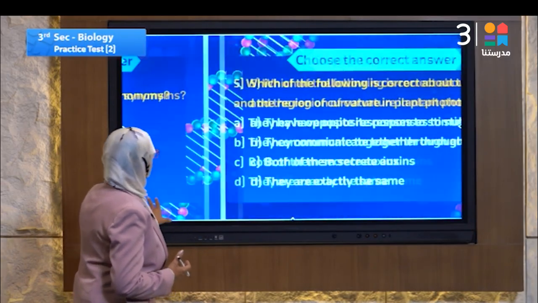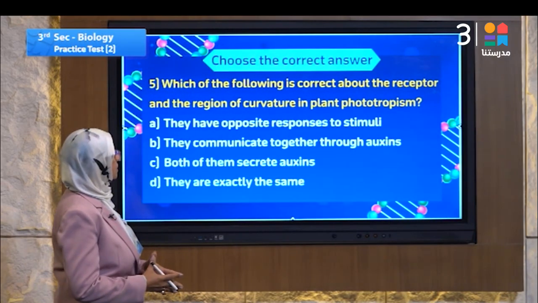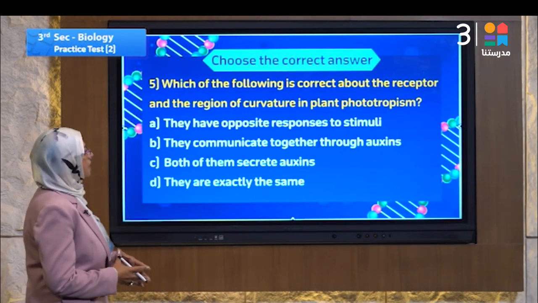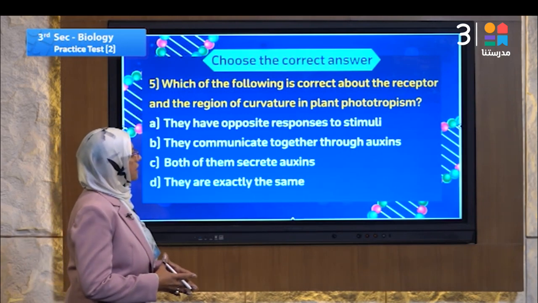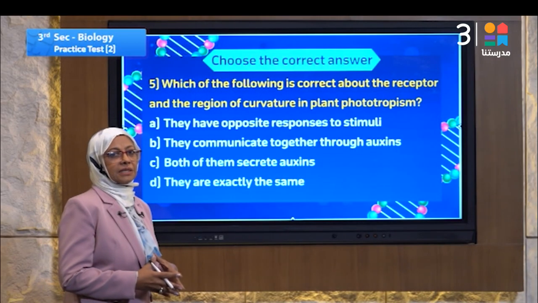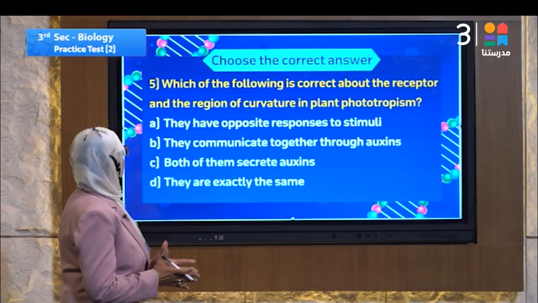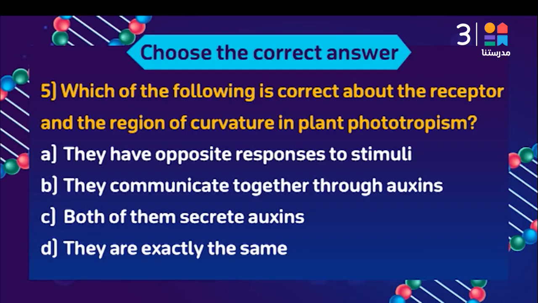Let's go to 5. Question 5 speaks about curvature in plant phototropism. Here it speaks about the senses again. Let's read the question carefully. Which of the following is correct about the receptors and the region of curvature in plant phototropism?